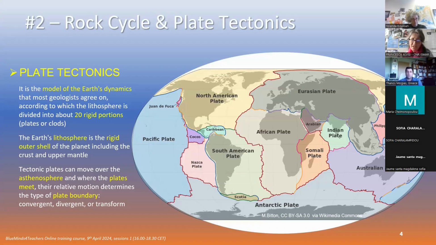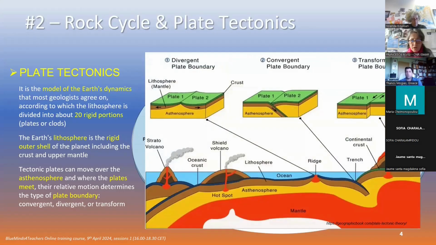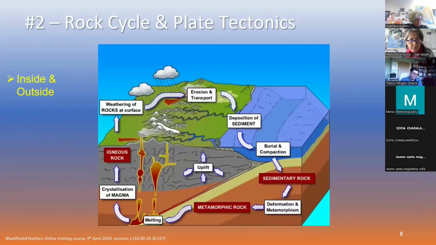They can be convergent, where they crash, or divergent, where they move away from one another, or they can slide past each other. So you can have different schemes, and that can explain the different characteristics. It's very complex, but you can start with very simple and basic knowledge if the pupils are very young.